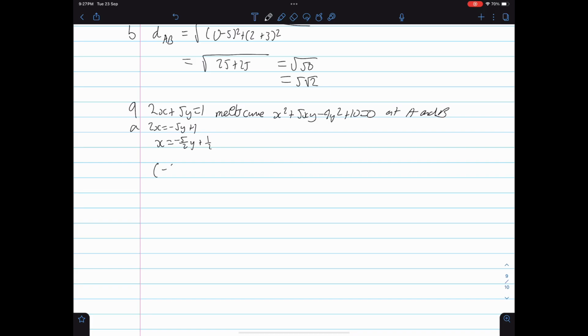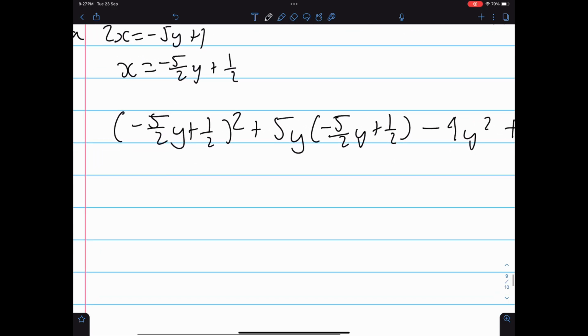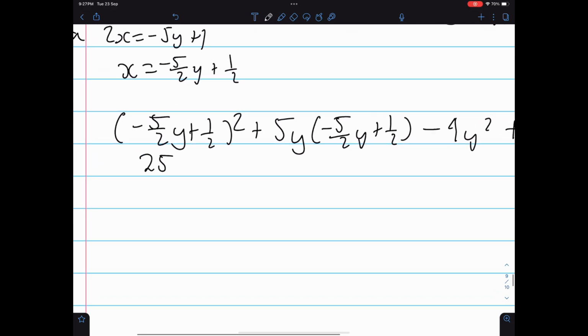Now, then if we substitute that in for x, right, and then we'll expand all this.